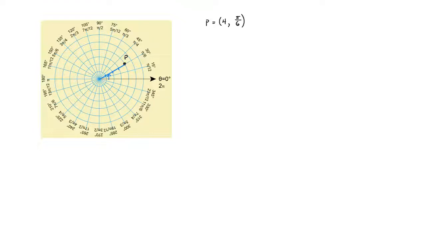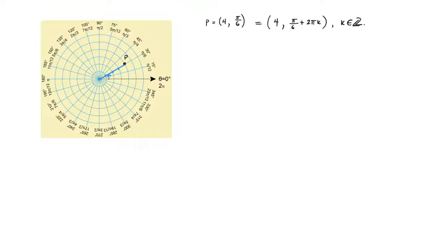So representations in the polar plane of a point are not unique. Another way that I can represent this point right here is to say, again, the radial length is going to be 4, but then the angular coordinate will be pi over 6 plus 2 pi k, where k is an integer.